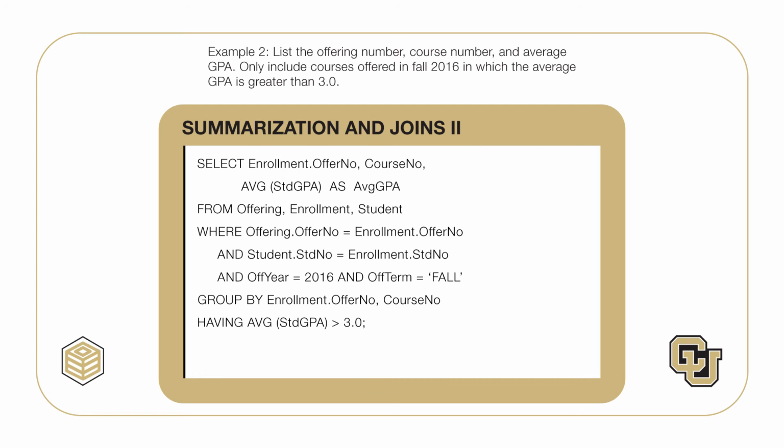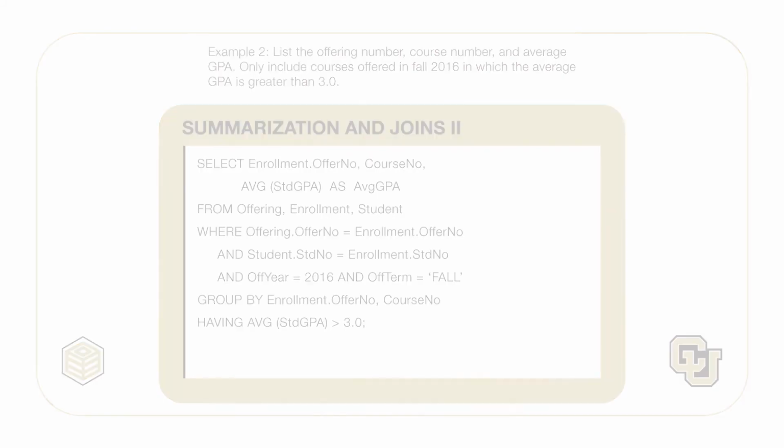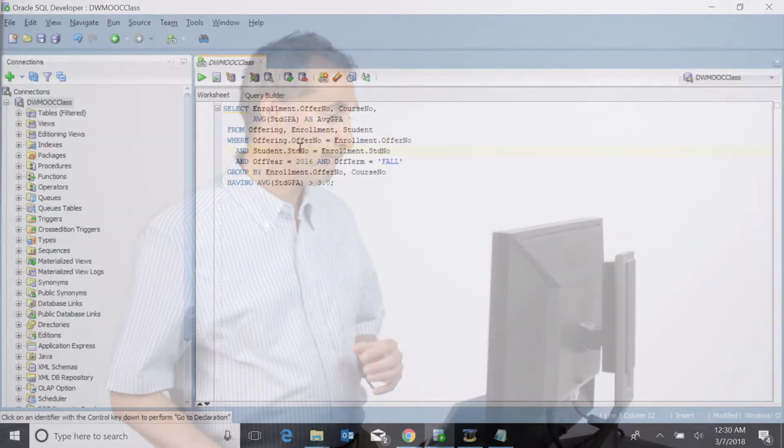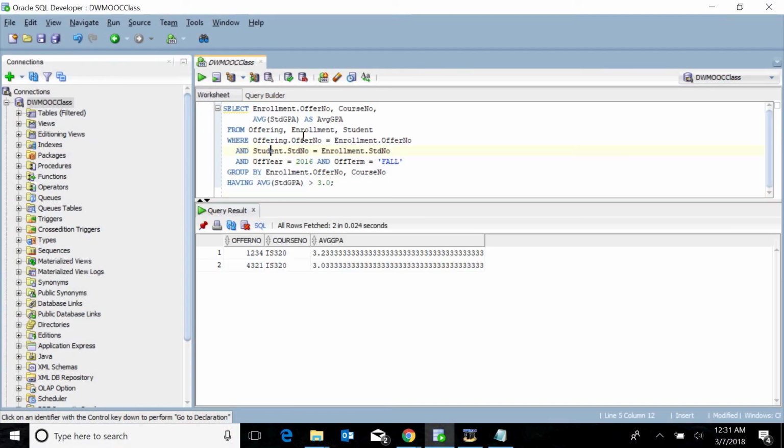You should see the Module 5 examples for an equivalent statement using the join operator style. Let's execute example 2 and check the results. The result contains 2 rows with 3 columns in each row. Both rows have average GPA greater than 3.0.